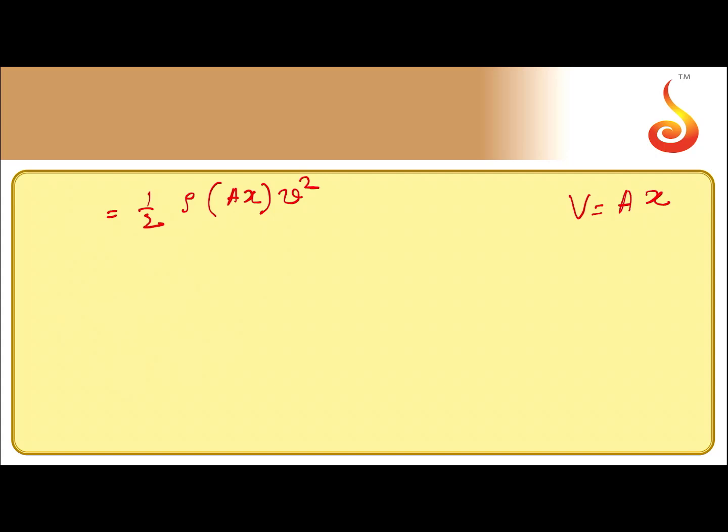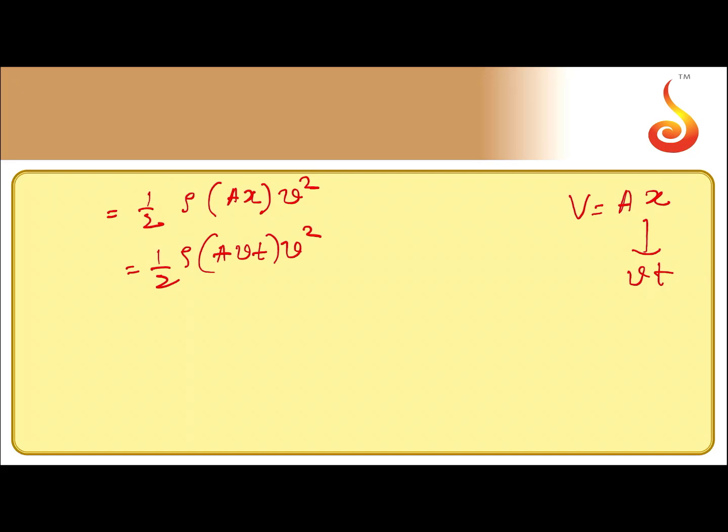Look at the question. It says the blades sweep out a circle of area A. So the volume of the air that is swept is A v into t. This x can be written as velocity into time, so v into t into v square.